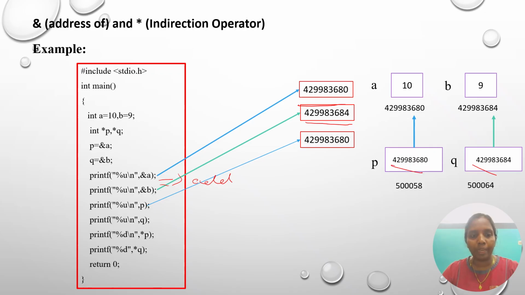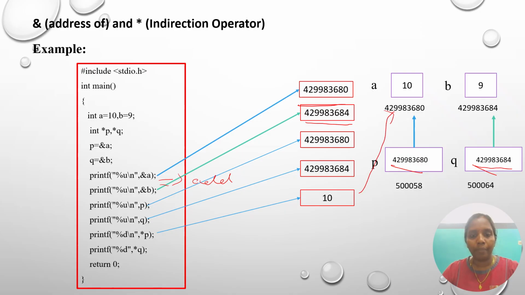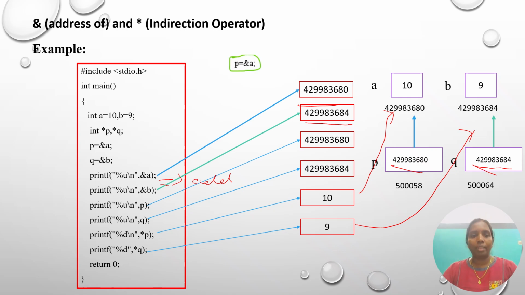This is the address of P. And again the address of Q is this value 429983684, and *P points to the value A and *Q points to the value B as in the code. So this is a small example showing how you have to use the address operator &, the * indirection operator, and the address-of operator in pointers.